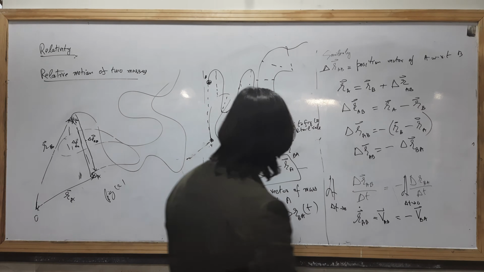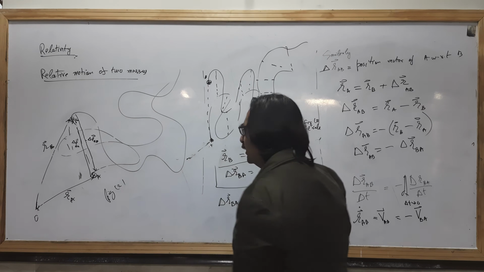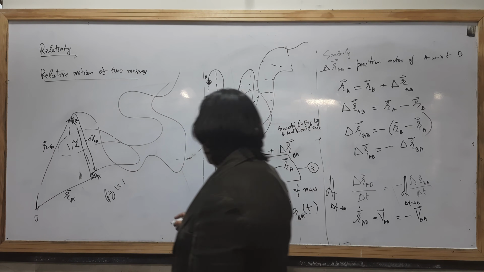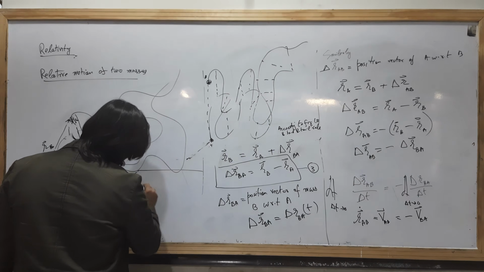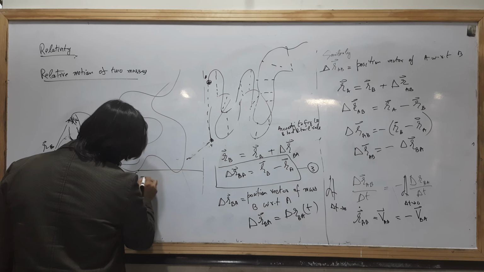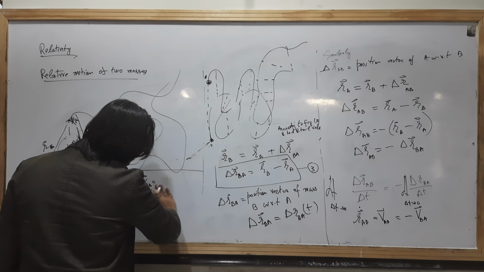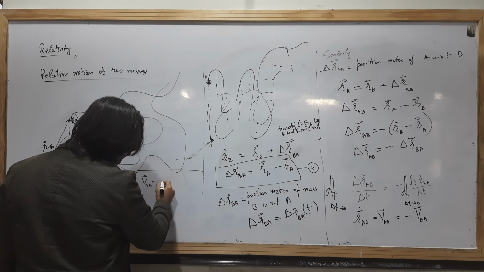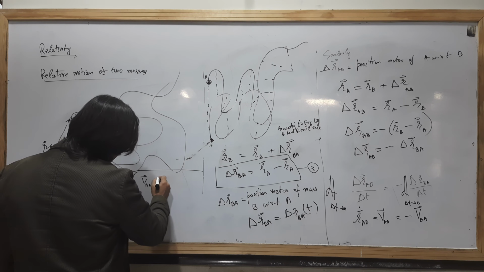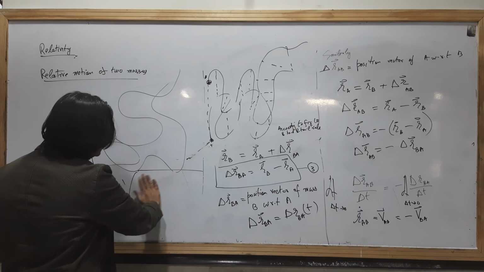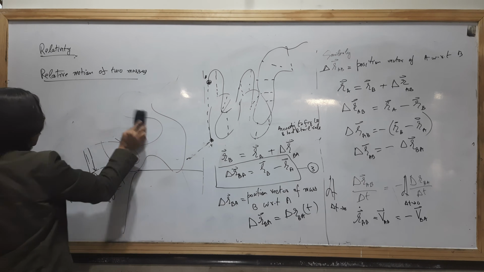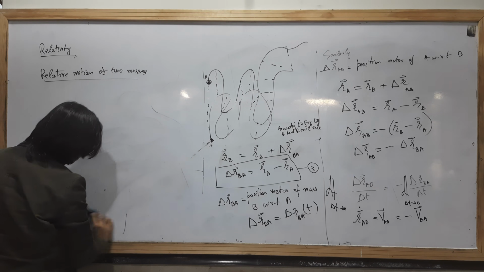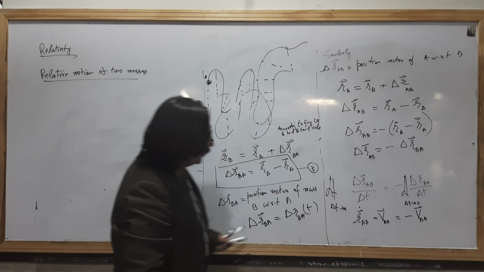And according to equation 3, what will be VAB?